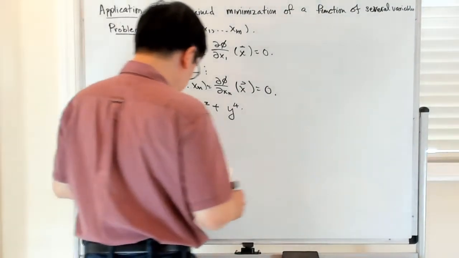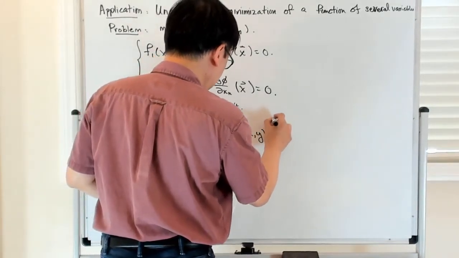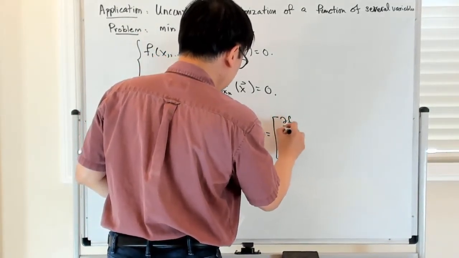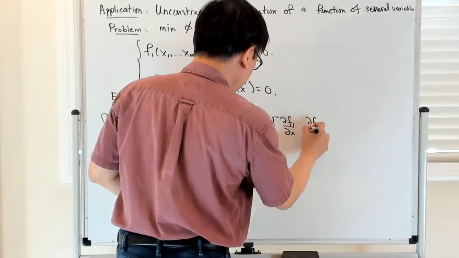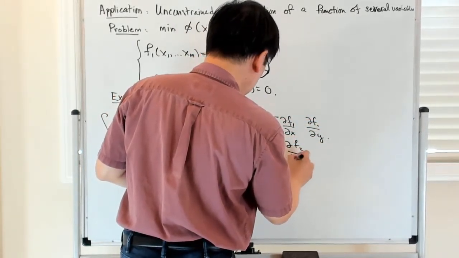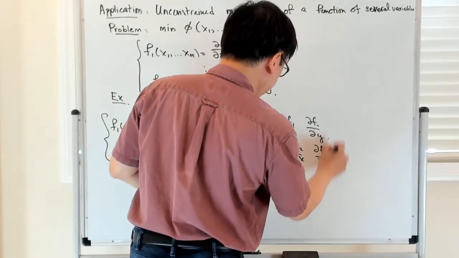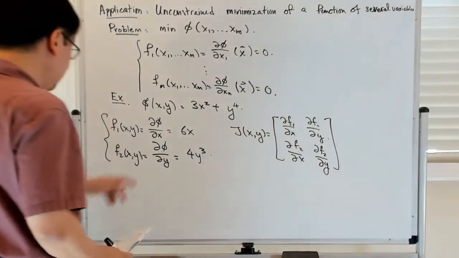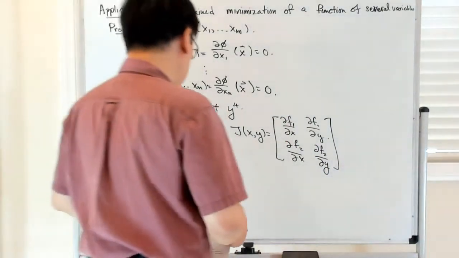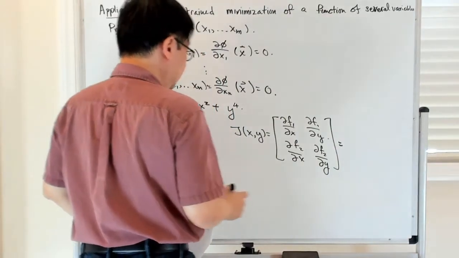So I can write down the Jacobian associated with this, which depends on x and y. It's df1 dx, df1 dy, df2 dx, df2 dy. f1 is 6x, so the partial with respect to x of 6x is 6.